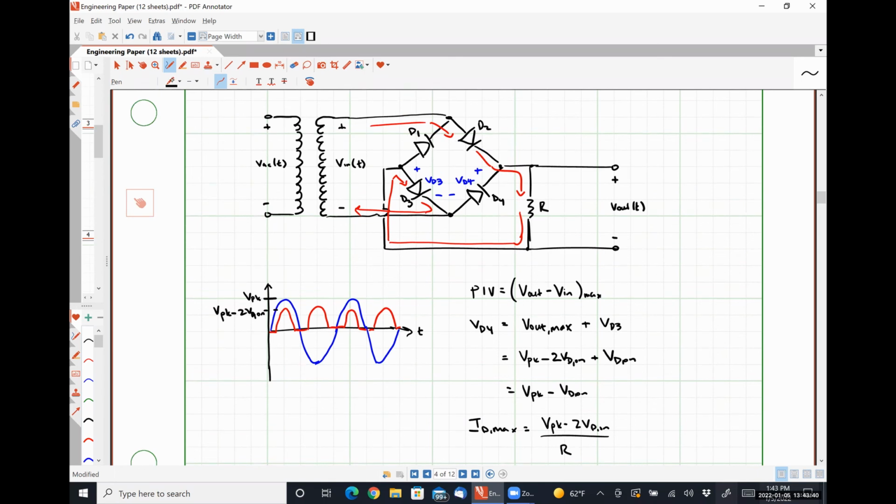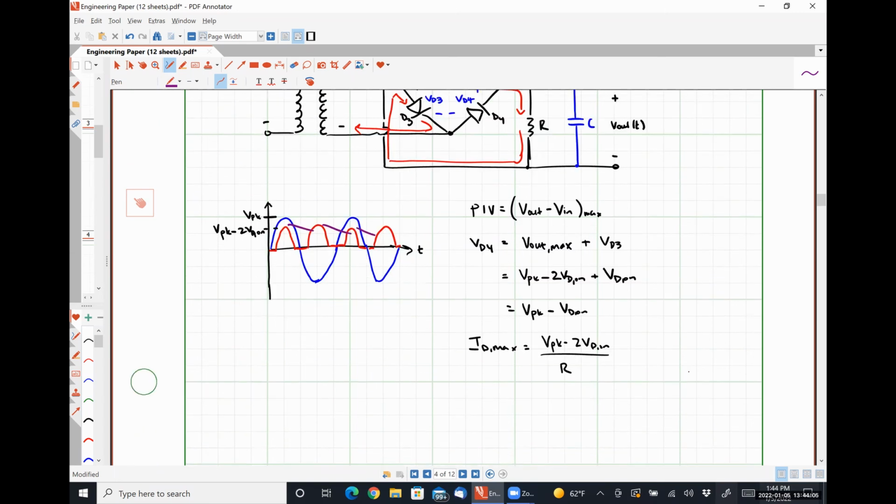So very, very briefly, let's talk about what happens when we throw a capacitor into the mix, right? Exact same thing as we saw before. We are going to have some exponential decay as our forward bias diodes turn off. We wind up having a ripple voltage.